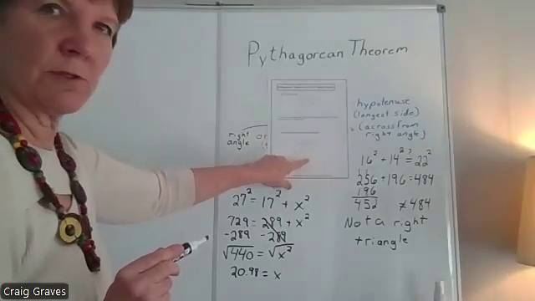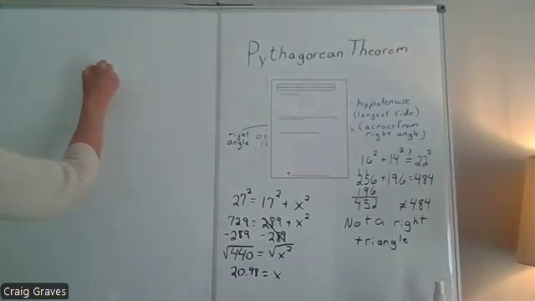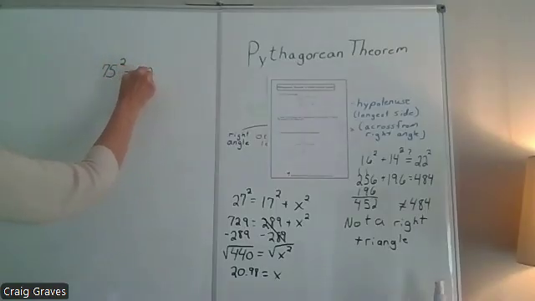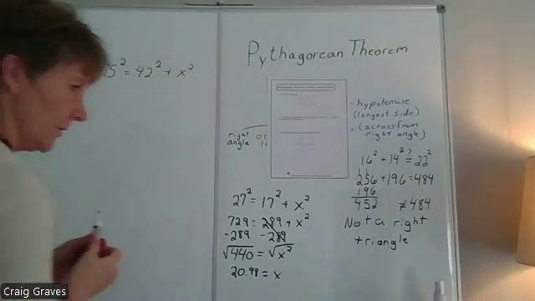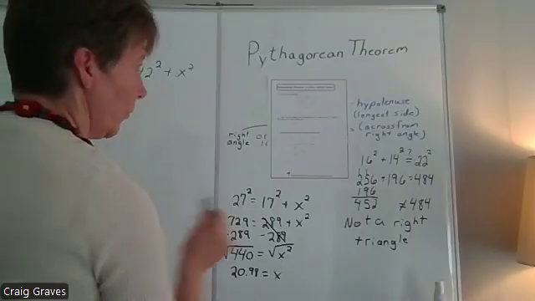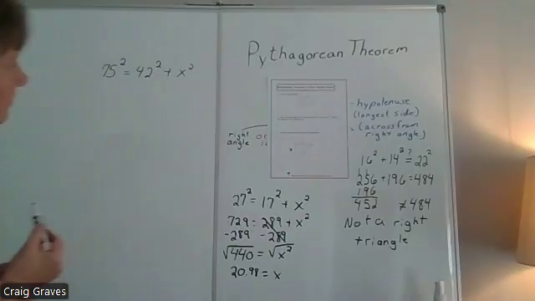That's the hypotenuse. So we're going to say that one is 75 squared equals 42 squared plus x squared. So we'll call this other side of the triangle x.